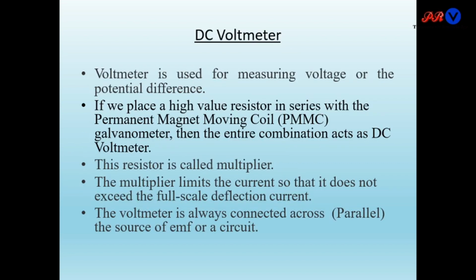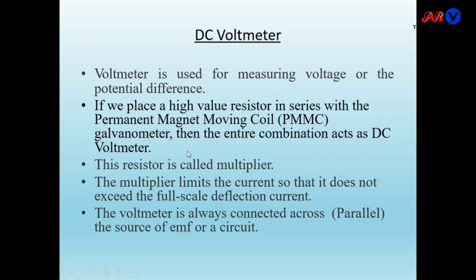So now we will study another important application of PMMC, which is known as DC voltmeter. So what is voltmeter? A voltmeter is used for measuring voltage or the potential difference. Second point, if we place a high value resistor in series with the permanent magnet moving coil PMMC galvanometer, then the entire combination is known as DC voltmeter.